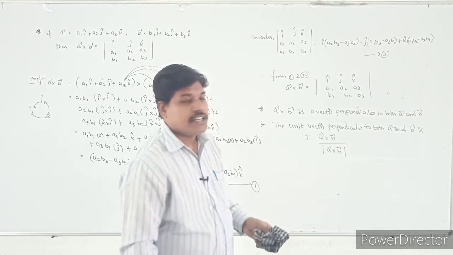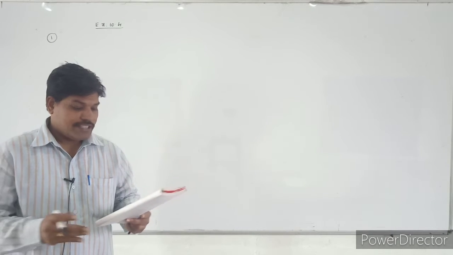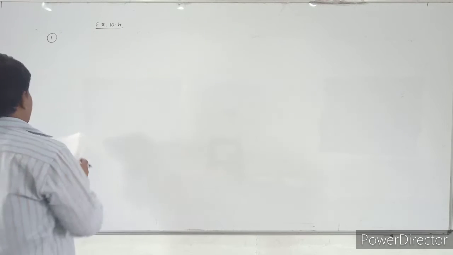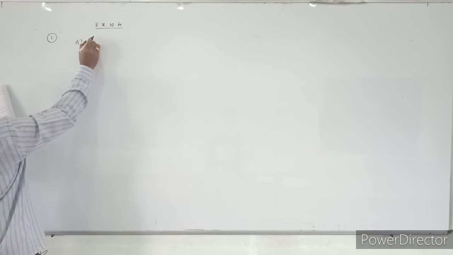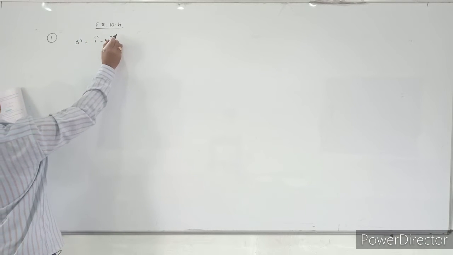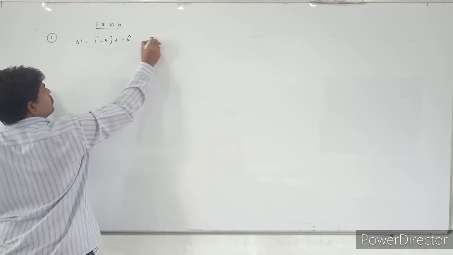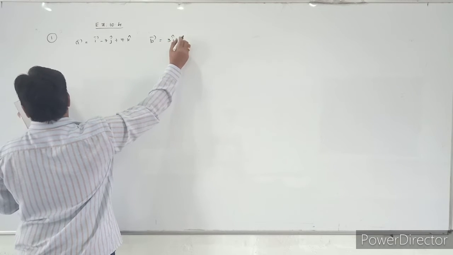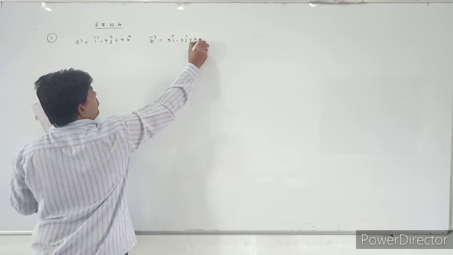Okay. See the conditions once again, students. See exercise 10.4. Question number 1: find mod A bar cross B bar if A bar is equal to i minus 7j plus 7k and B bar is equal to 3i minus 2j plus 2k.